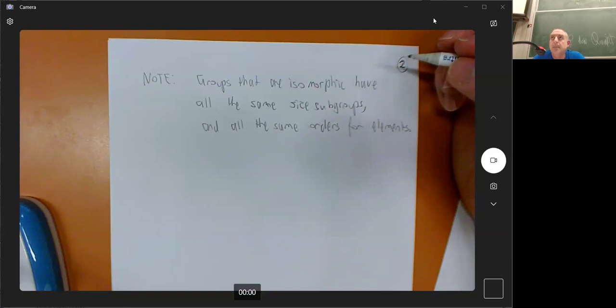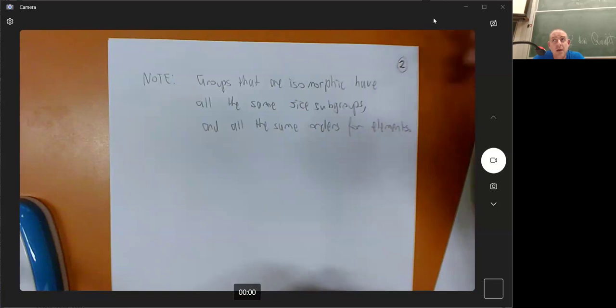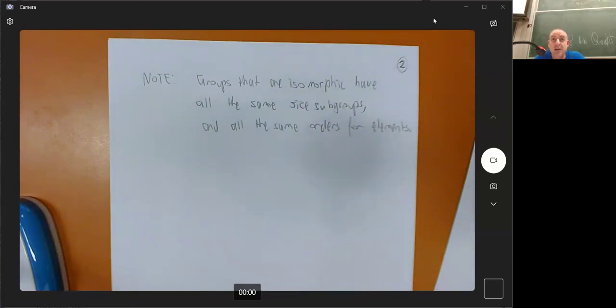So if you find an element in one group that has order, say 6, and there's no element in the other group with order 6, they can't be isomorphic.